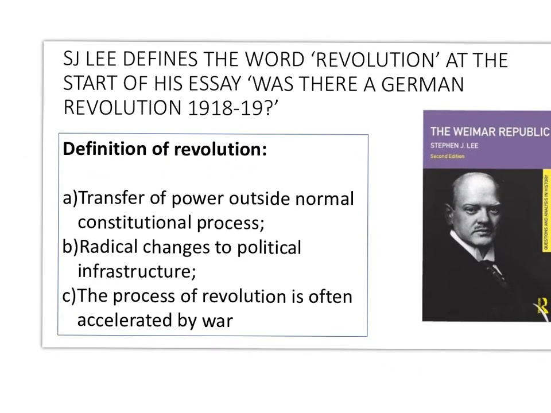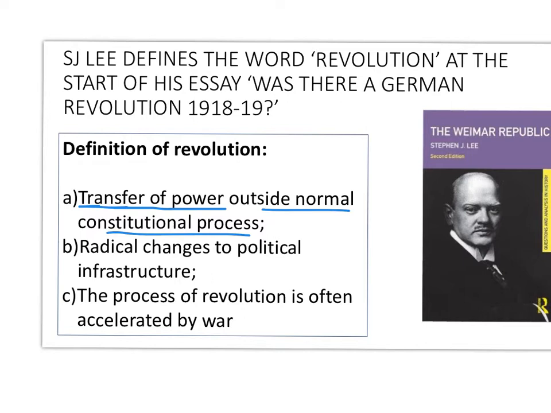Stephen J. Lee would argue you define revolution, first of all, as a transfer of power. And usually that transfer of power happens outside normal constitutional process. So, for example, take Britain today.